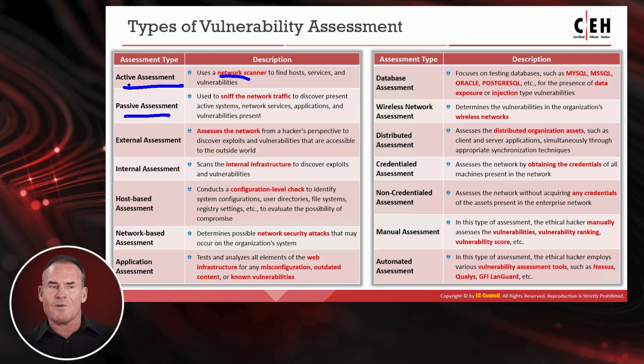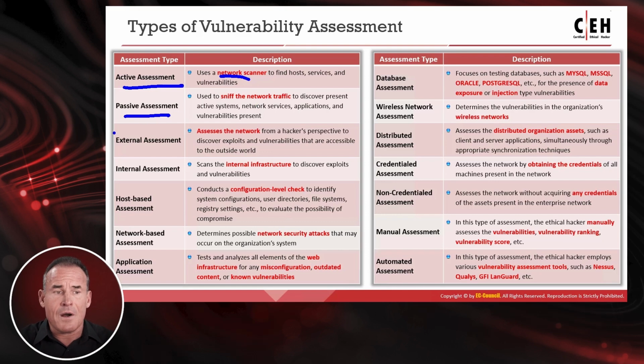So you want to be a little bit more cautious in those types of environments. When we talk about aggressive timings, it's the rate of information that you inject into the network. In Nmap, for example, we had T4 aggressive, and then T5 was insane. You typically want to go about as high as T4.